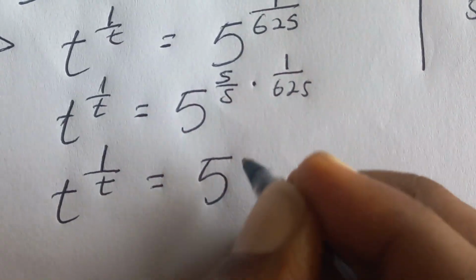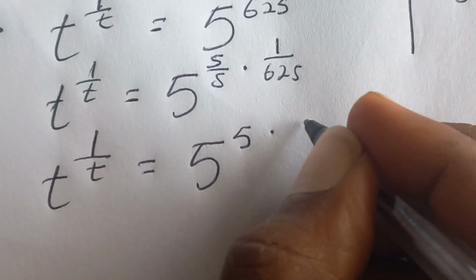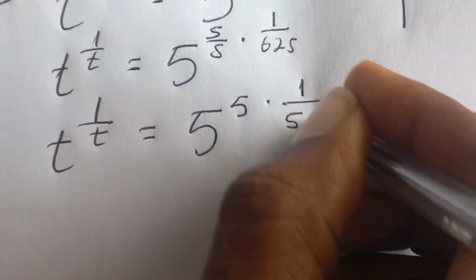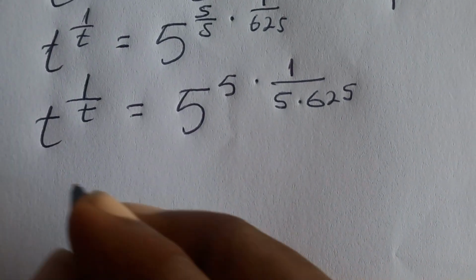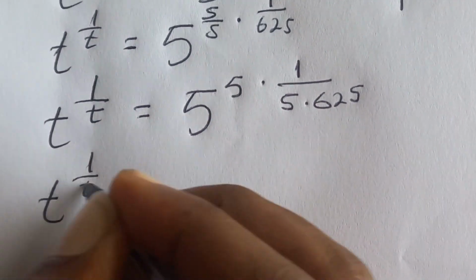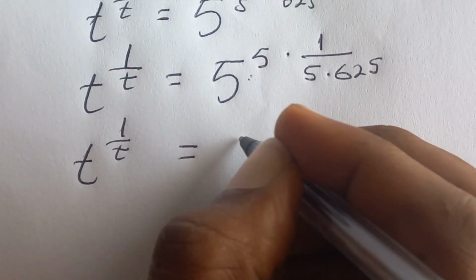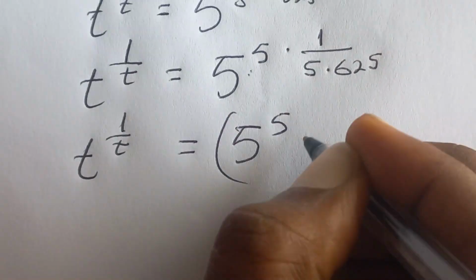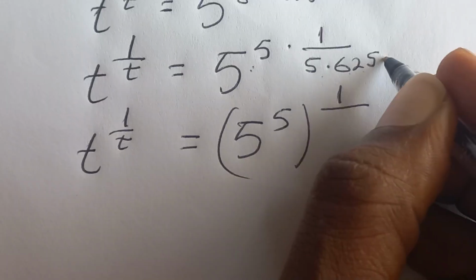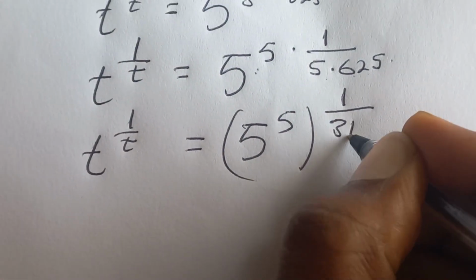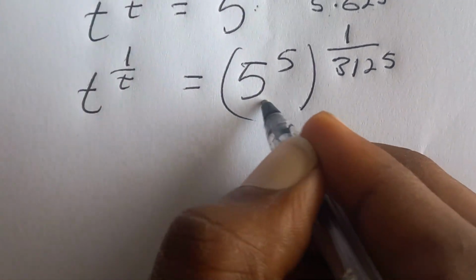We can say that 5 exponent 5, multiplied by 1 over 5 times 625. You can rewrite as 5 exponent 5 into brackets 1 over 5 times 625. We are getting 3125. Okay, now we need to simplify this.